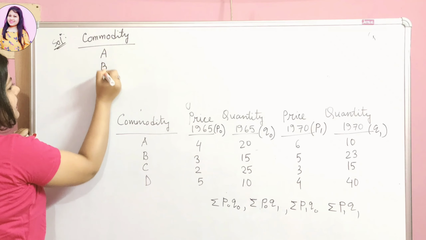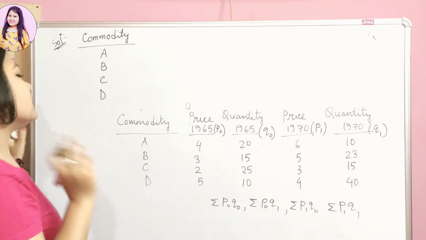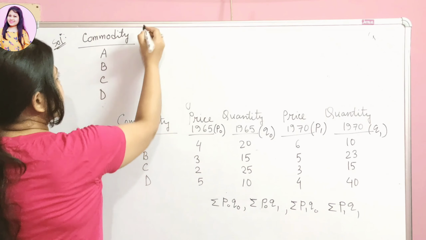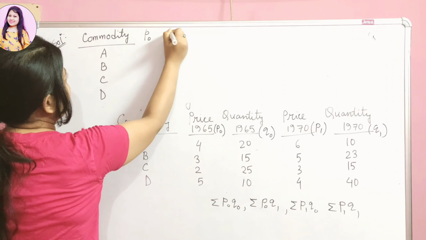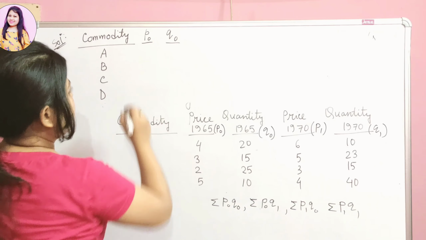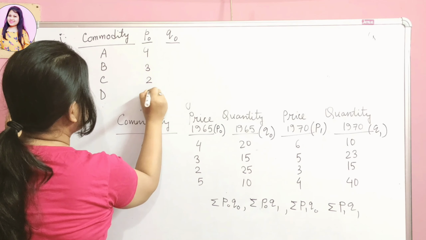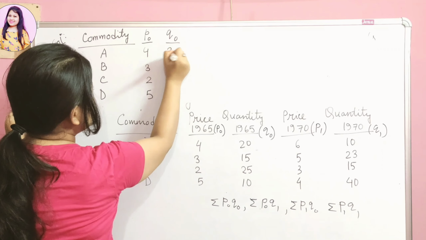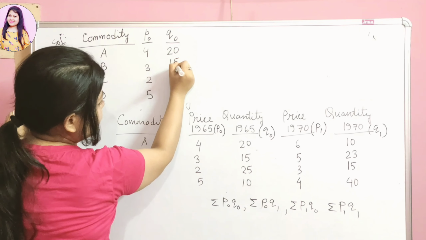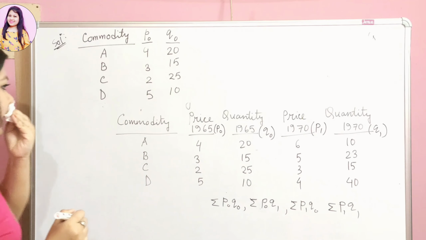Commodities are given as A, B, C, D. For the base year, price P naught is 4, 3, 2, 5 and quantity Q naught is 20, 15, 25 and 10.